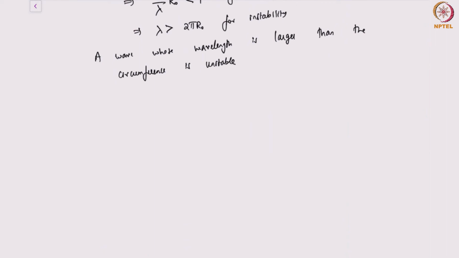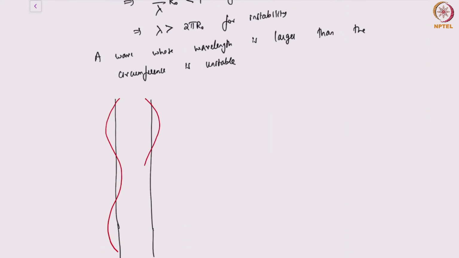Now what would happen to this instability as you let it grow? Typically, let's take an imaginary straight filament. Now we have introduced a varicose perturbation on this. This is an exaggerated drawing, but you can imagine that if the wavelength is larger than the circumference, or if k r naught is less than 1, such a wave would grow.